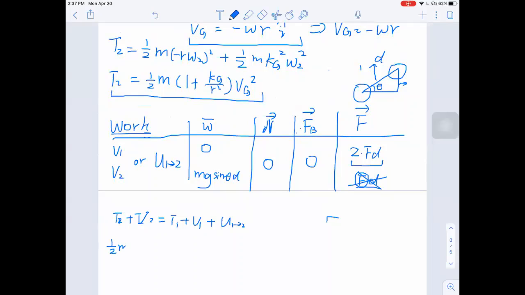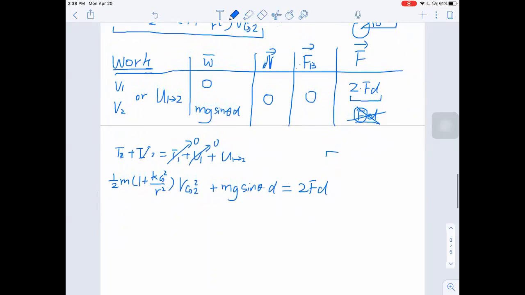We have 1/2 mass times 1 plus kG square over r square, times VG2 square, plus V2, that's the potential energy at position 2, which is mg sine theta times d. And on the other side of the equation, since both T1 and V1 are 0, the work done from 1 to 2 from that force F is 2 times FD.